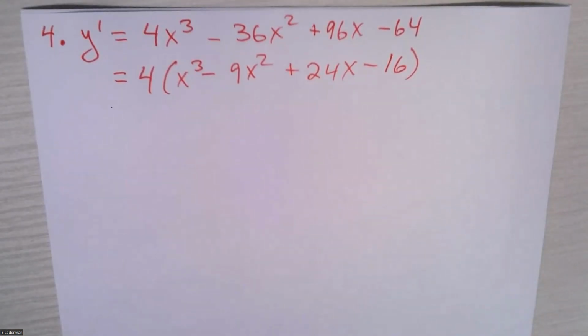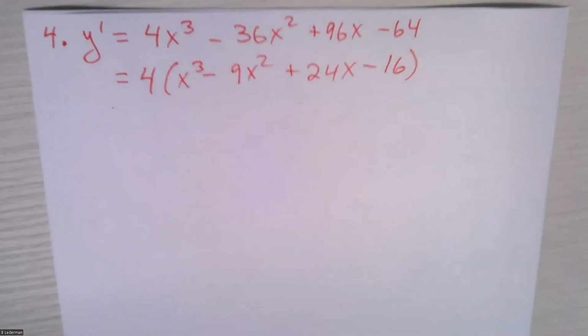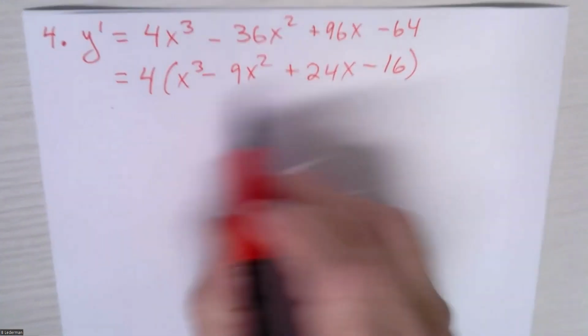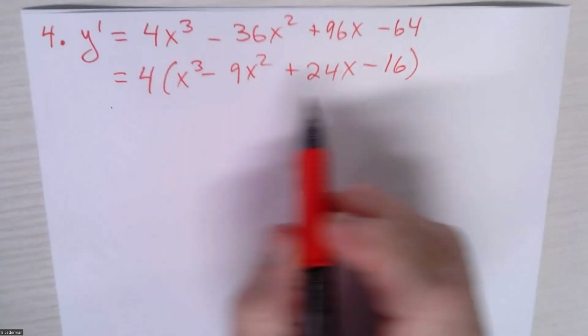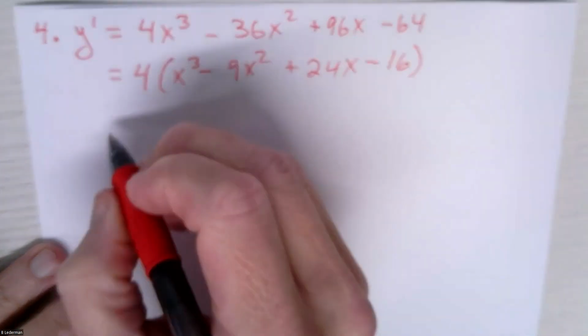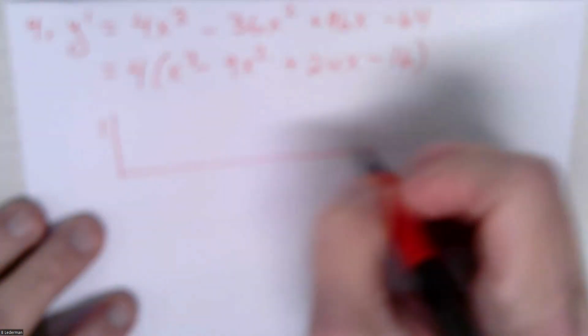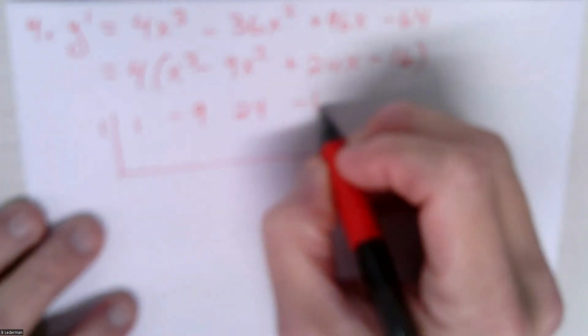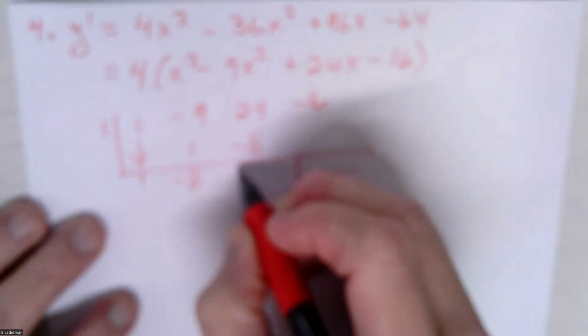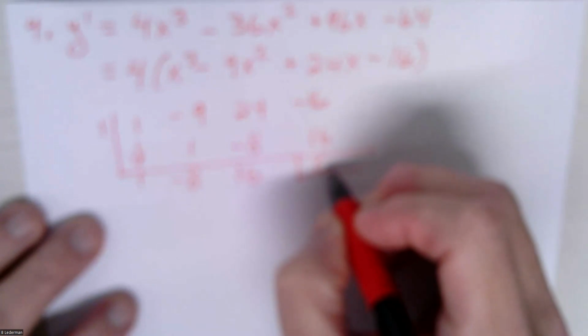And let's see about factoring this. If I plug in x equals 1, the coefficients 1 minus 9 plus 24 minus 16 give 0. So I'm going to do synthetic division with x equals 1. So 1, negative 9, 24, negative 16. Bring down the 1, 1, negative 8, 16, 16, and 0.